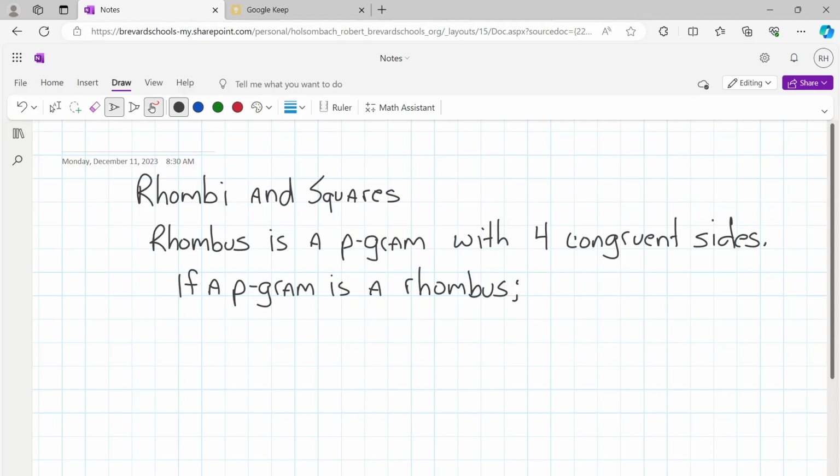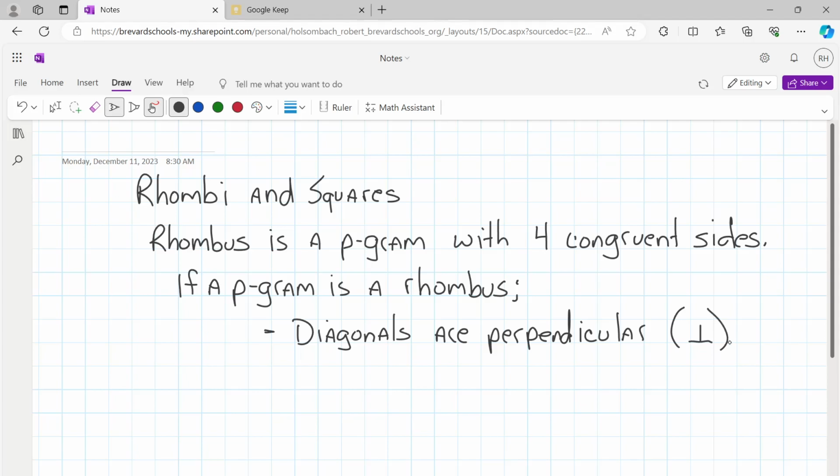So we're going to say diagonals are perpendicular. The symbol for perpendicular, if you don't remember, is the upside down T. All right, perpendicular means they intersect at 90 degrees.